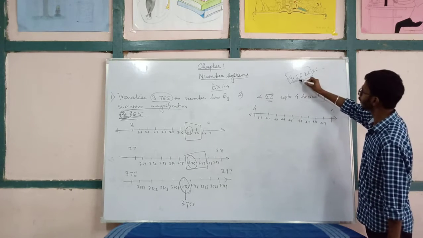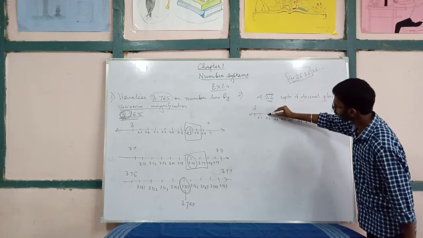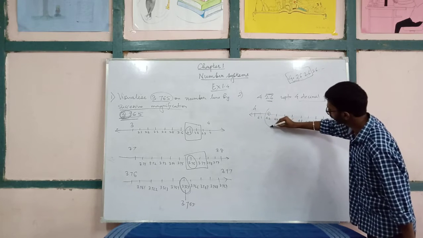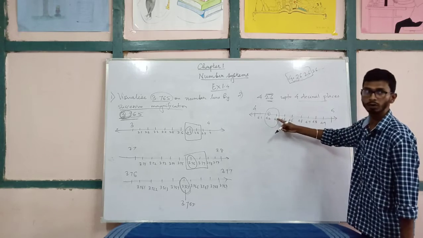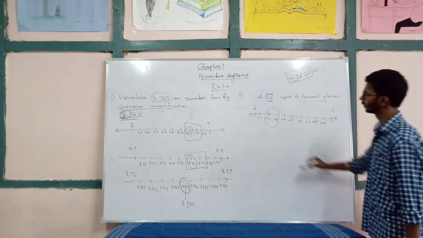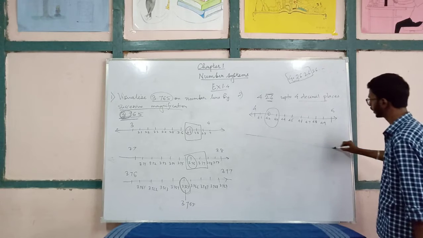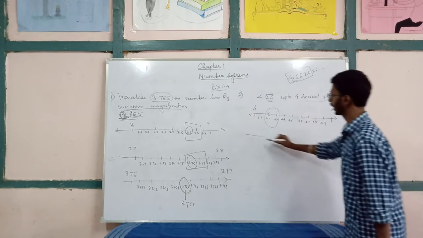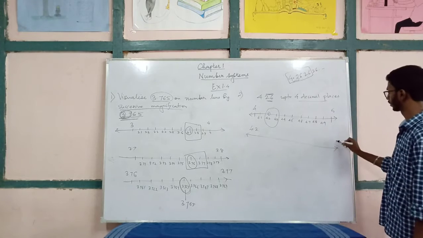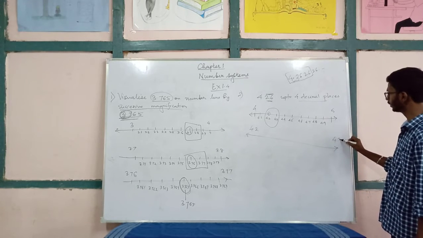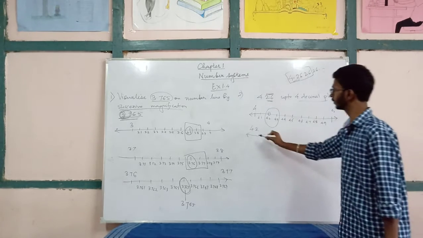So where is 4.2? This is 4.2. We are going to magnify the decimal digits between 4.2 and 4.3. So again we draw a number line. At one end we write 4.2, other end will be 4.3. Let's magnify it.